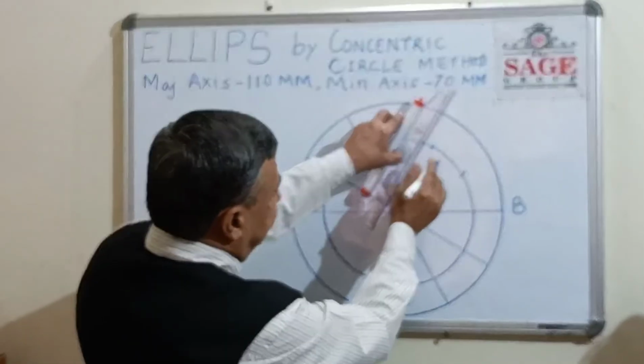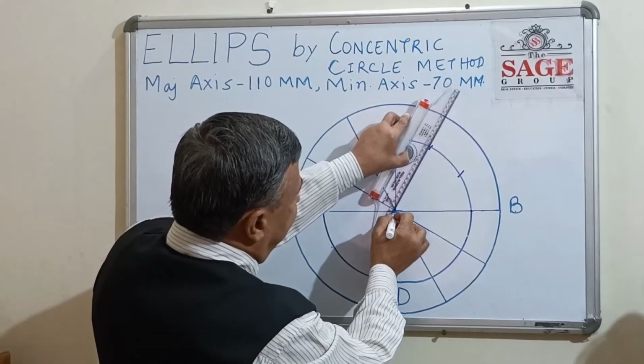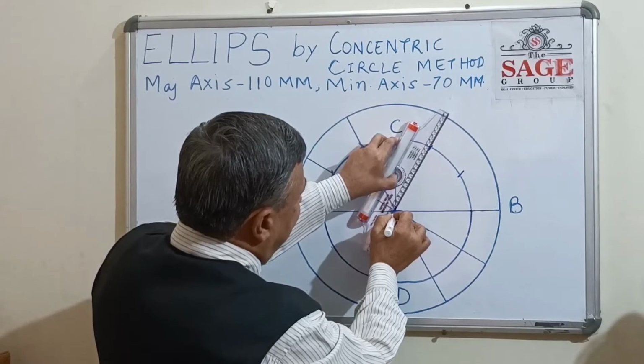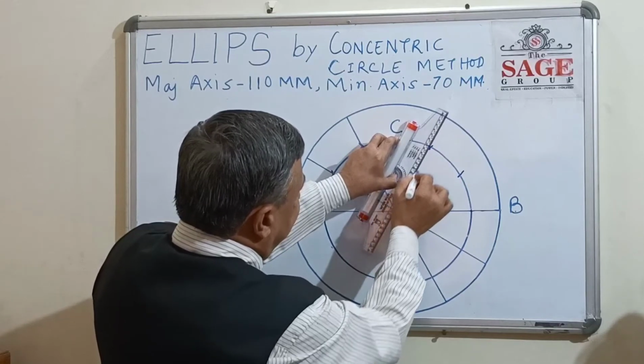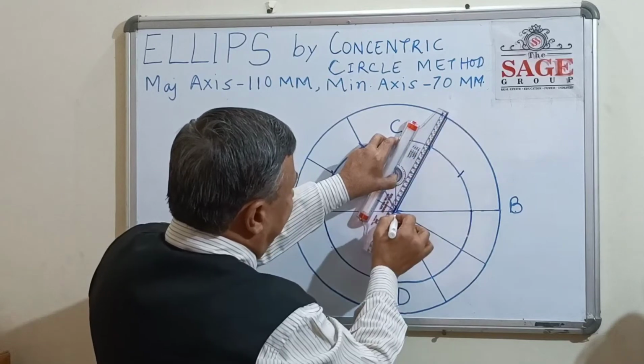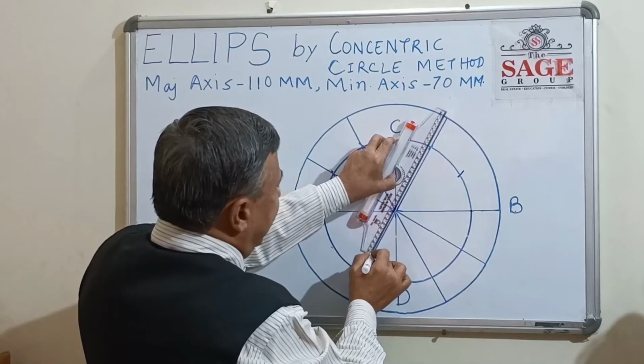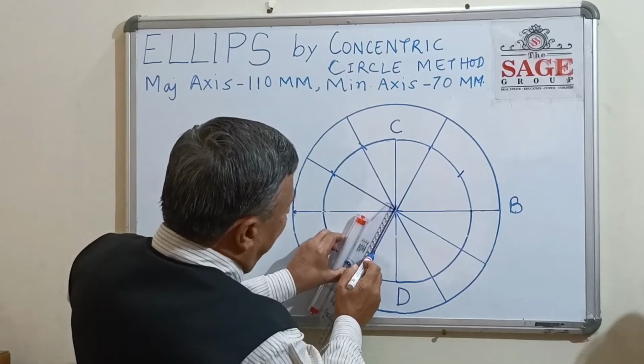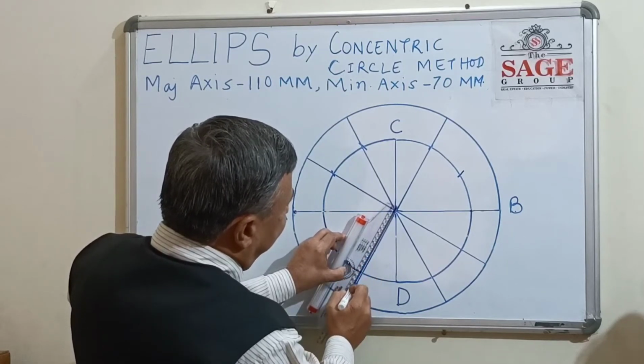Next, from the center to this part, extend up to the major axis concentric circle, and extend the lower side also up to the major axis concentric circle.